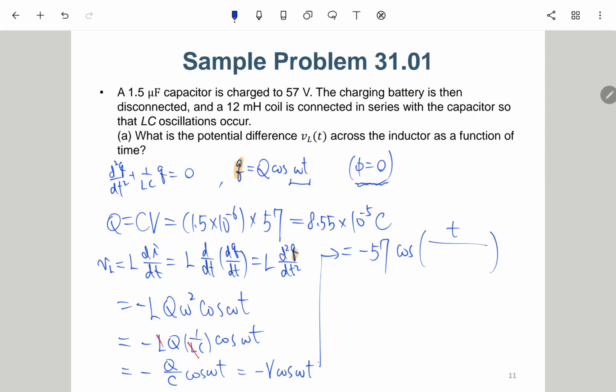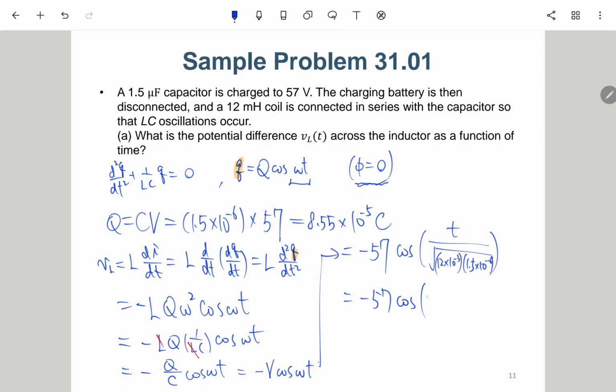Omega will be 1 over square root of LC. L is 12 times 10 to the negative third power, and C is 1.5 times 10 to the negative 6. So this is negative 57 cosine.